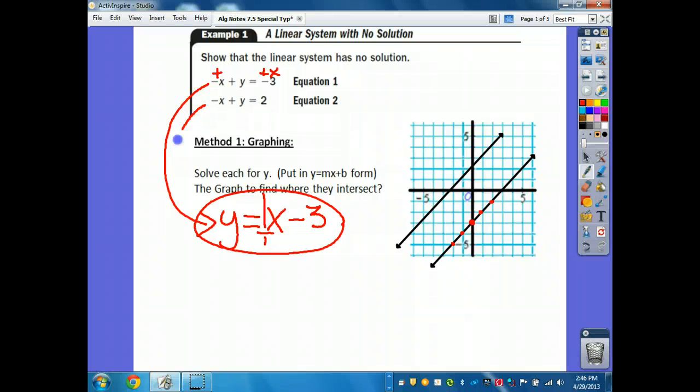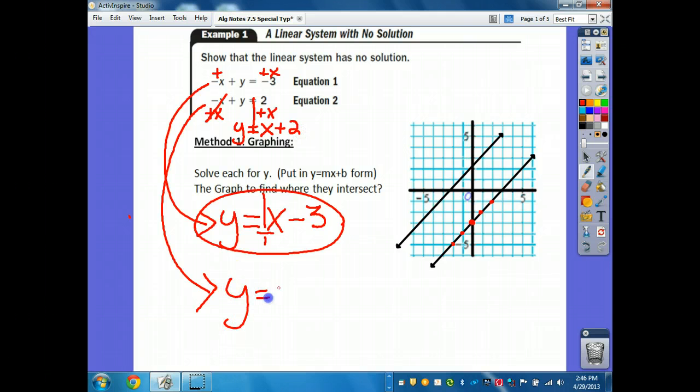All right, now we need to rearrange this one. What do I have to do first to rearrange this into slope-intercept form? Good. Add x to both sides. So I have y equals x plus 2.